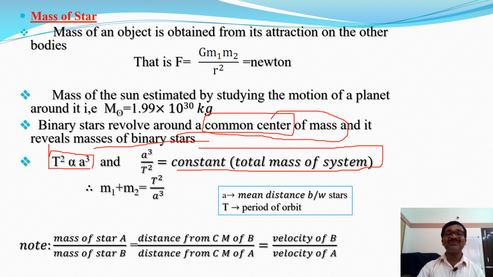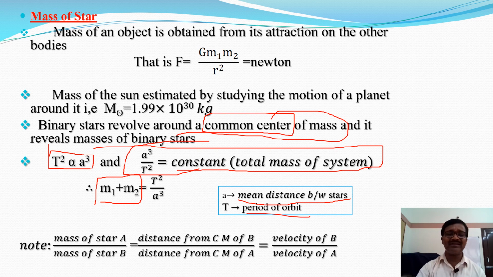That constant we call the total mass of the binary system, that means m1 plus m2, the masses of the two stars. It is measured from the period of the orbit and the cube of the semi-major axis, where a is the mean distance between the stars.